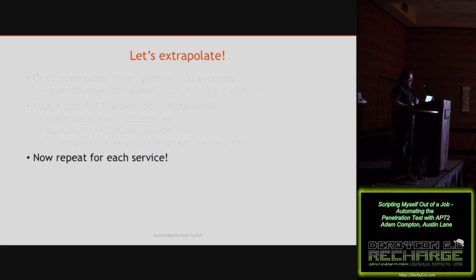And this baseline time of just selecting a port, generating a list, selecting a tool, getting the arguments, running it against everything, this time adds up. This is picking and choosing a tool, figuring out how to do it, doing it against everything. APT2 removes this baseline time.